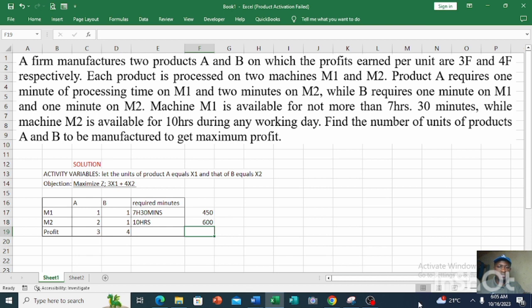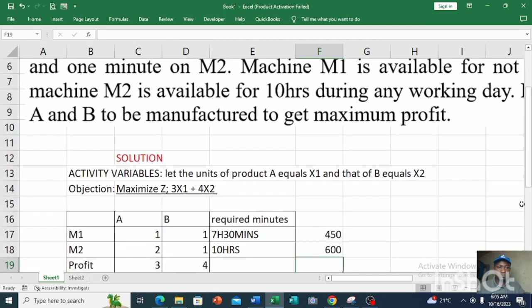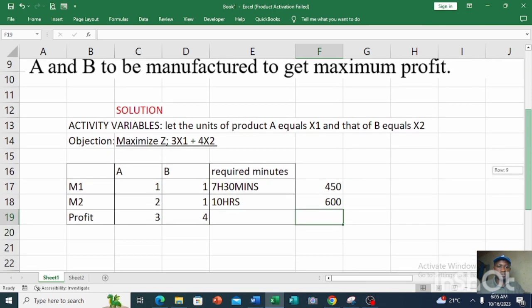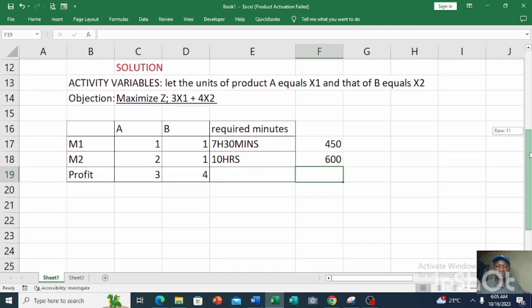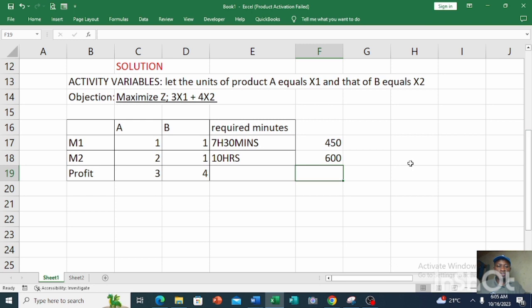So we are going to have 600 minutes. So we have 450 minutes and 600 minutes. So now what will be the next thing?